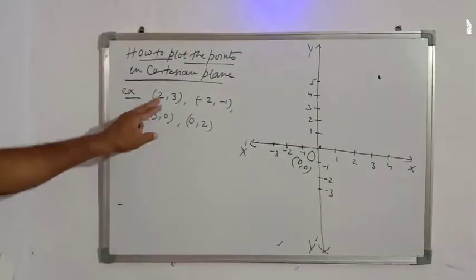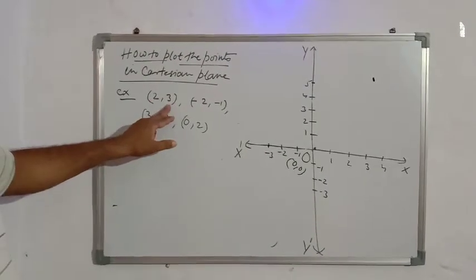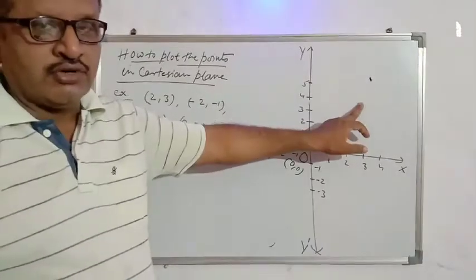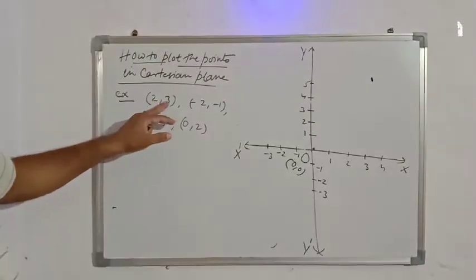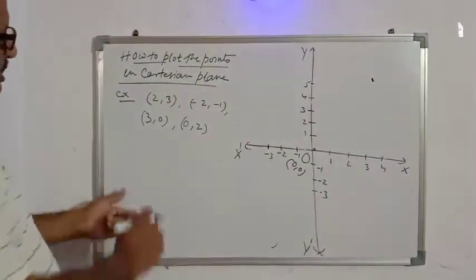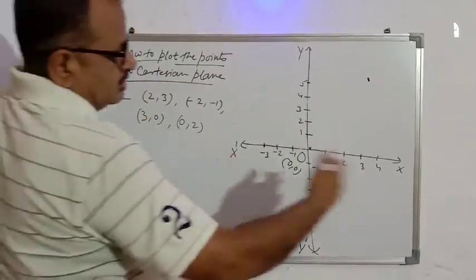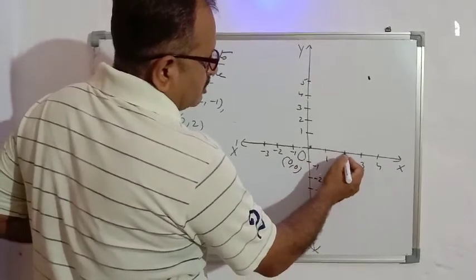First point (2, 3). Sign of both the components is positive. It means it will lie in the first quadrant. What is the first component? 2. The x coordinate is 2, so on the x axis we will move 2 unit distance.